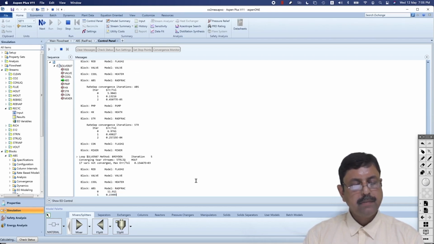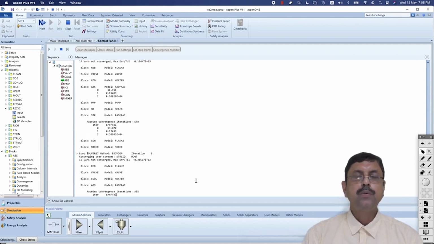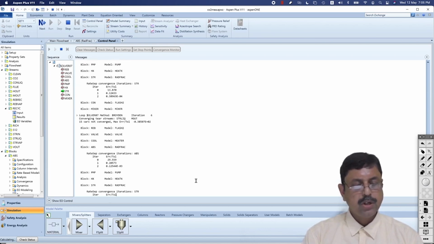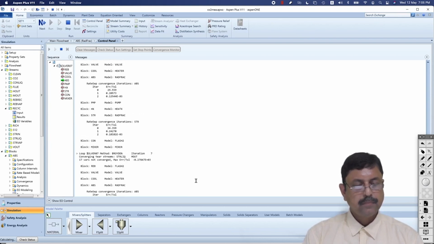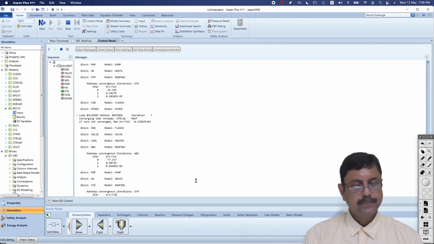Then 16 variables become 17 variables. Instead of going down, it is going up. Okay, iteration number 16, it says 15 variables not converged. And so on. Let us see how long it goes.